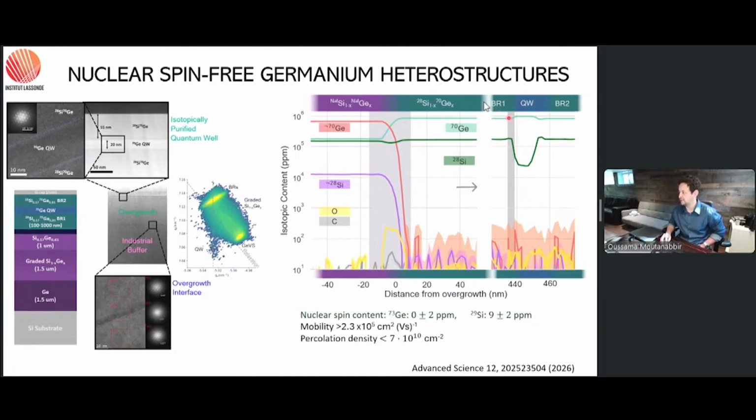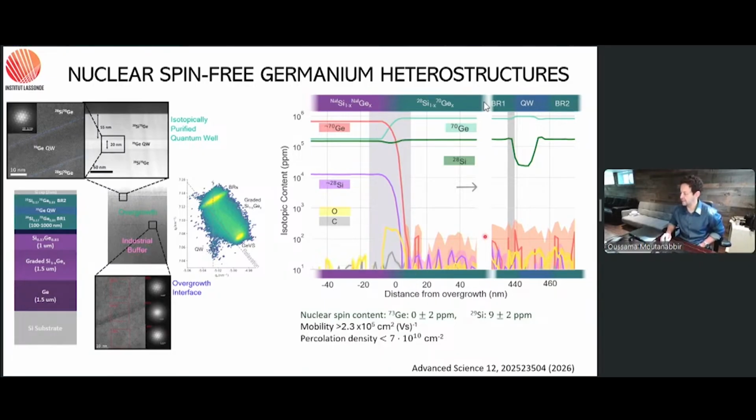Now we get closer to the quantum well, so we can see the distribution of silicon-28. There is no silicon-28 in the quantum well, and we have almost 100% of germanium-70 in the quantum well. There are issues with the interface in this measurement, but as I said, it didn't affect the behavior at the device level much.